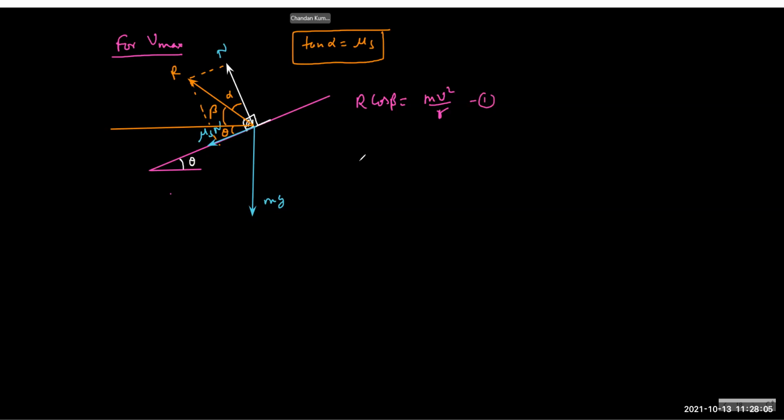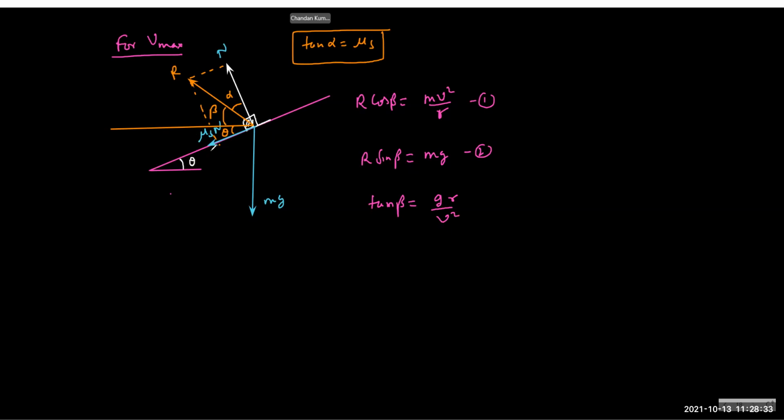And R sin beta is mg. Therefore tan beta we can write as g r upon v square.